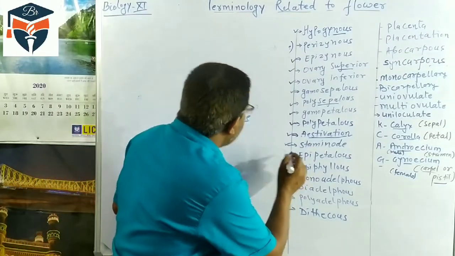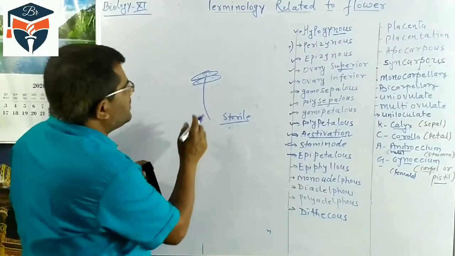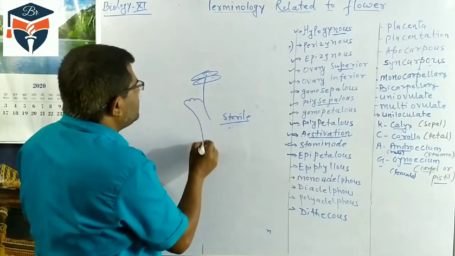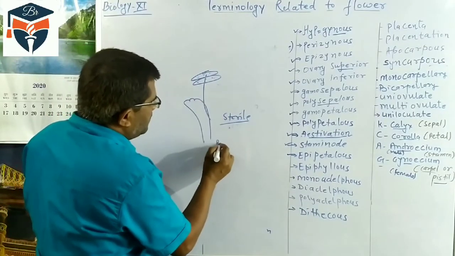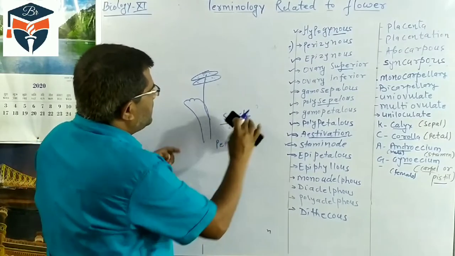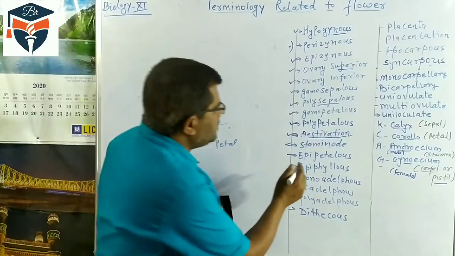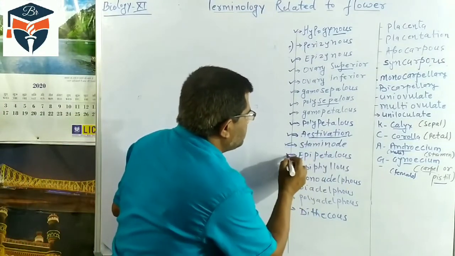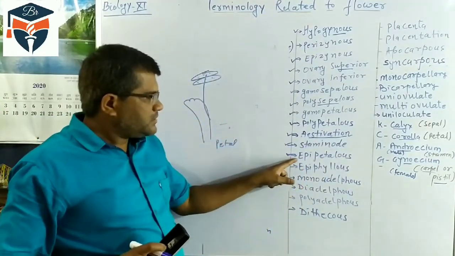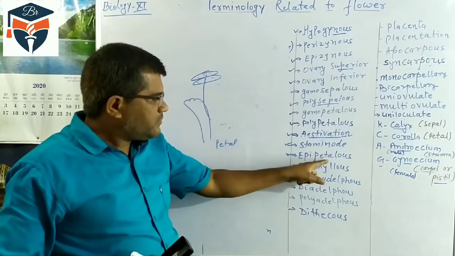Then these stamens may attach with the petal. If the stamen attaches with the petal, it is called the epipetalous condition. Epipetalous: stamen attached with petal.